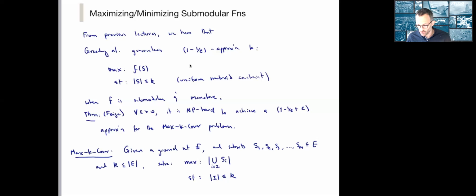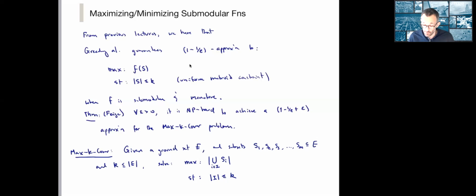Okay, so it turns out that it's NP-hard to approximate this particular problem better than 1 minus 1 over e, and I'll leave it as an exercise for you to verify that greedy indeed gets a 1 minus 1 over e approximation.